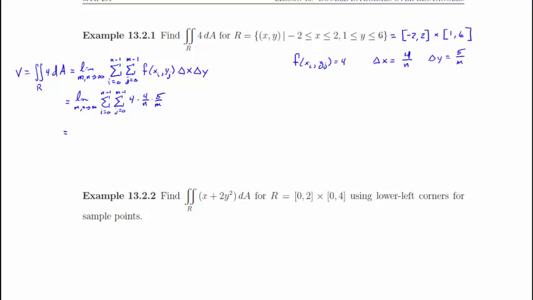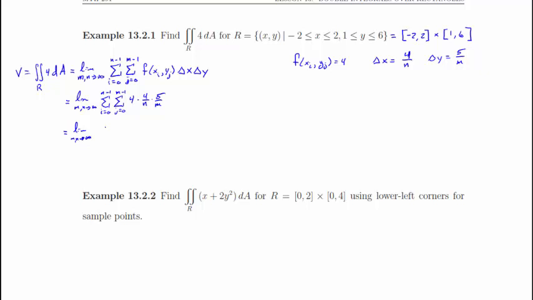And this is a simple situation where we could find this volume by just recognizing that this is a rectangular solid, which we'll do in a second to confirm. But it's nice to start with a simple example for the purposes of just seeing how to set up this double Riemann sum.